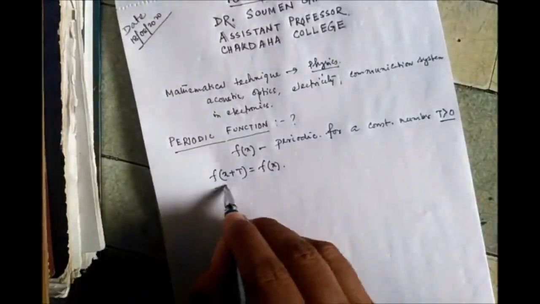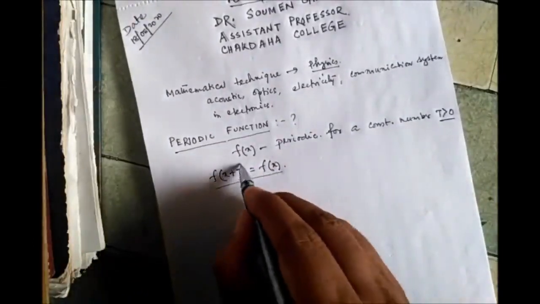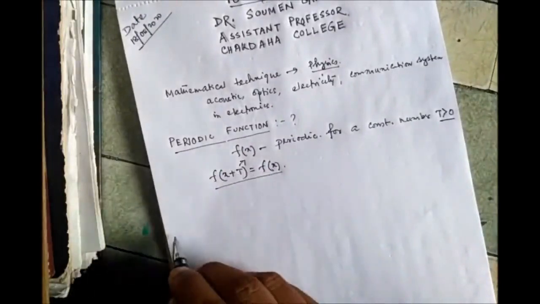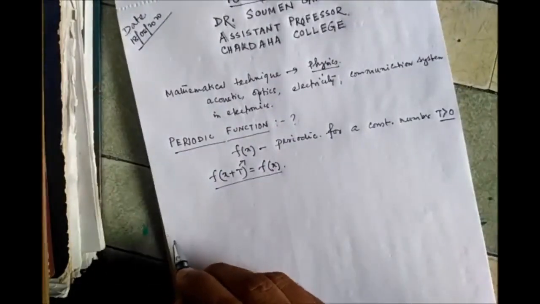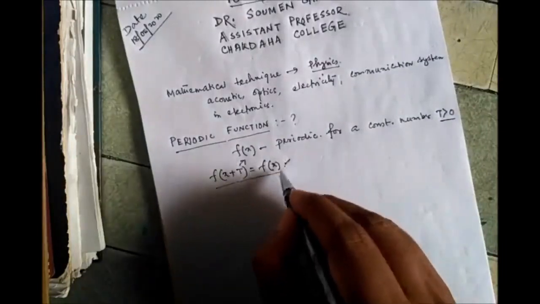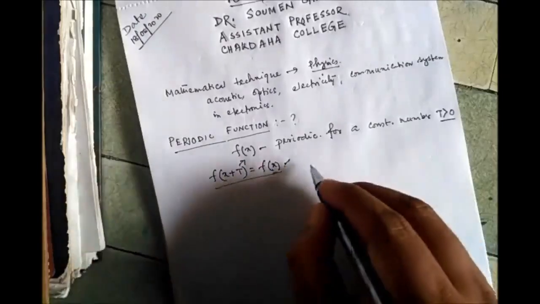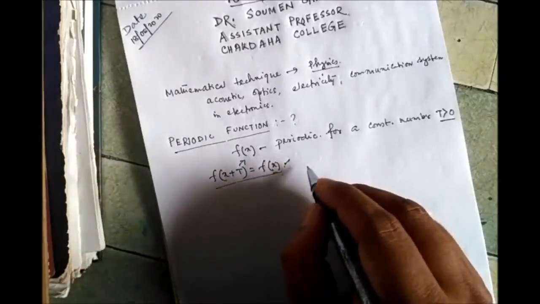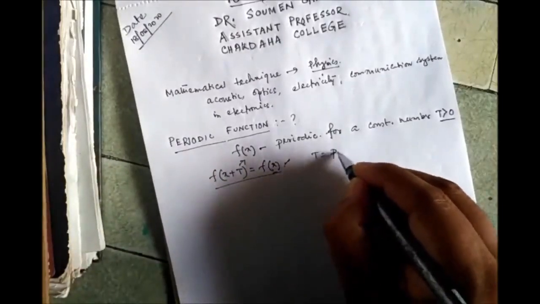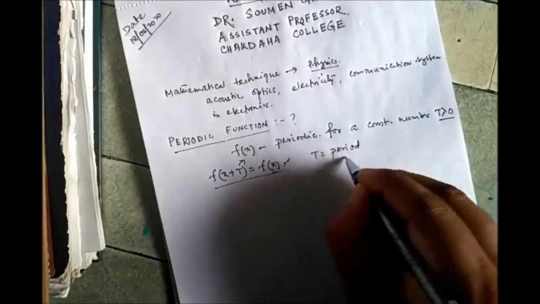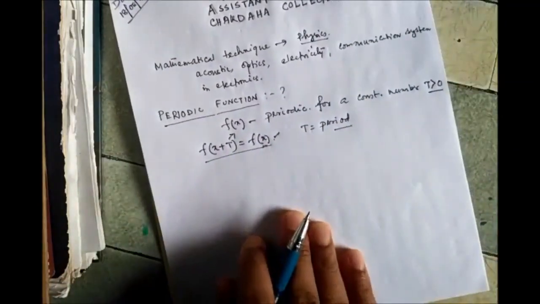So if this relation holds good for any arbitrary constant T, then I can say that this function f(x) is periodic with a period of T. So T is called the period of that periodic function.